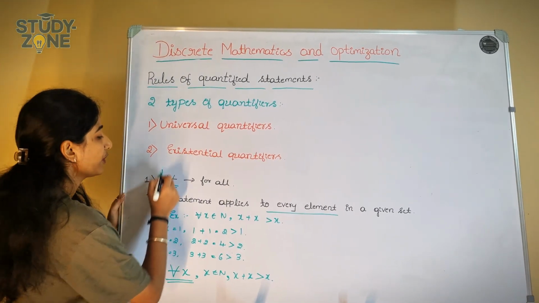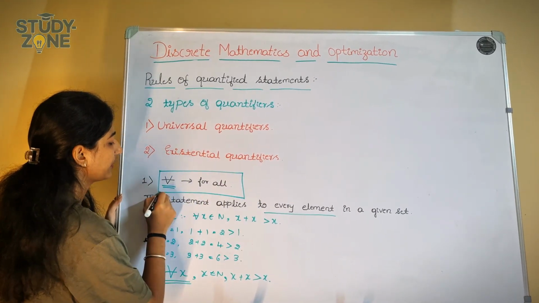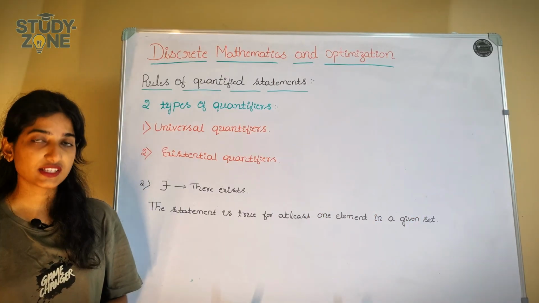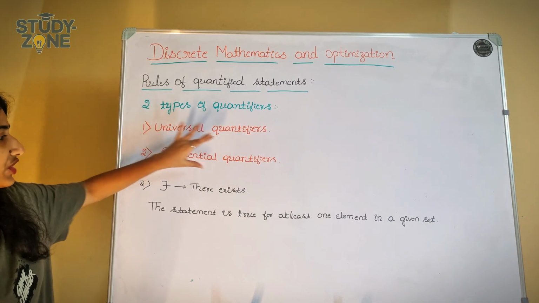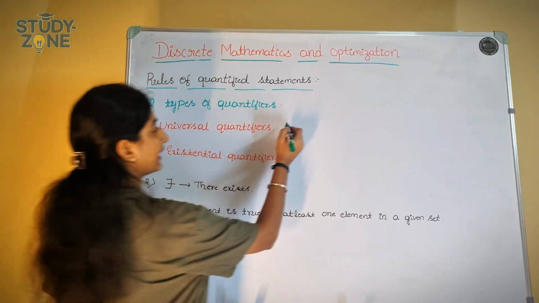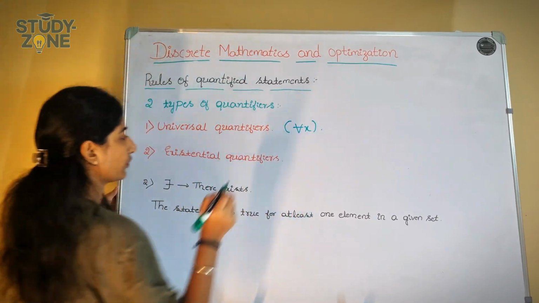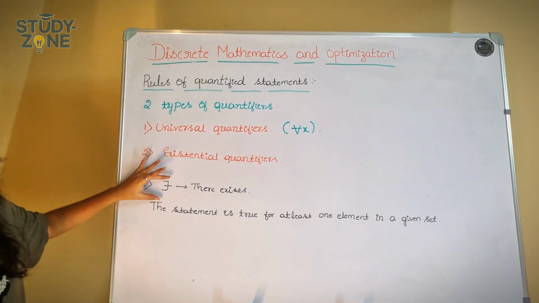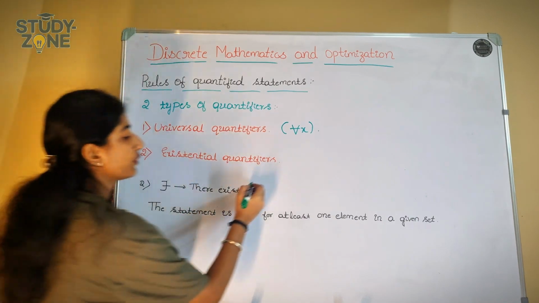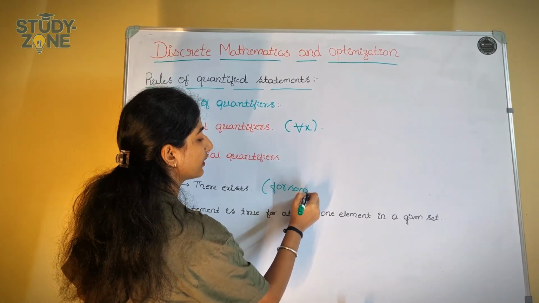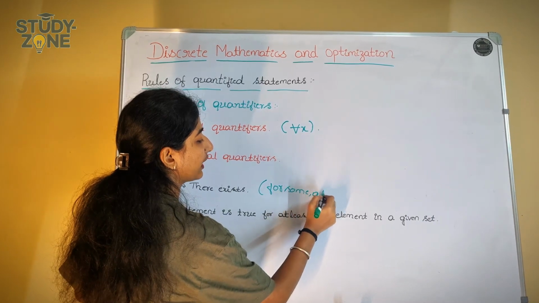Remember this term, for universal quantifier we are using for all x. Okay, the next type is existential quantifier. So to be clear, I will write it as, for the first one we have for all x, correct? For the second one we have there exists, which means for some or at least one.